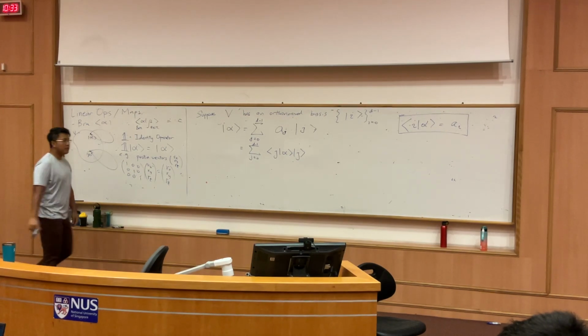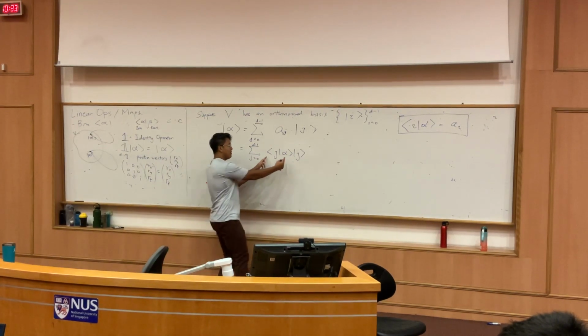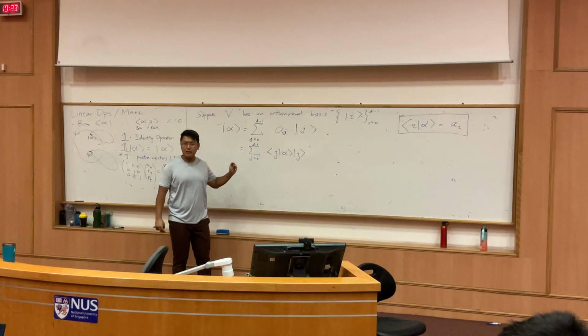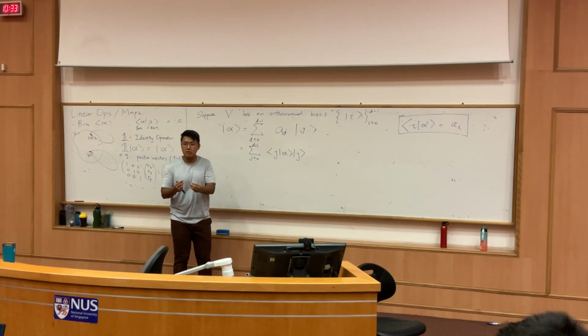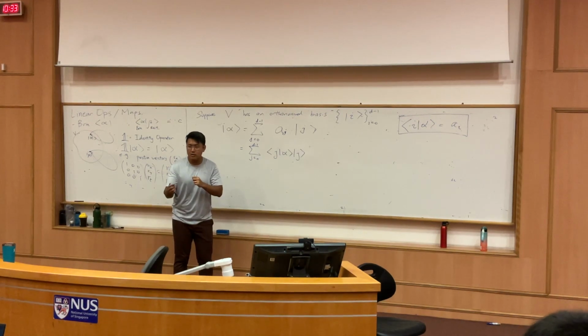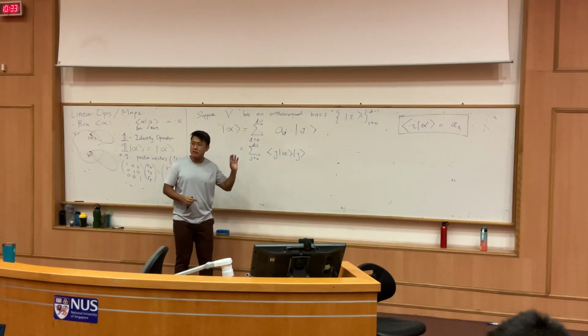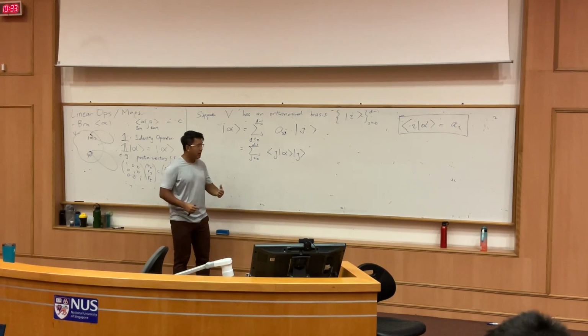I'm going to move this number over here, and that's fine, because that's just a number. In general, you should not do this because matrices may not commute. You apply matrix A first and then B, that's not the same as applying B first and then A. But in this case, because it's just a number, I can do it. And let me do it.